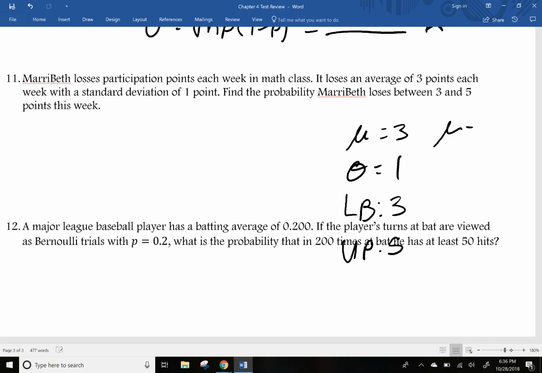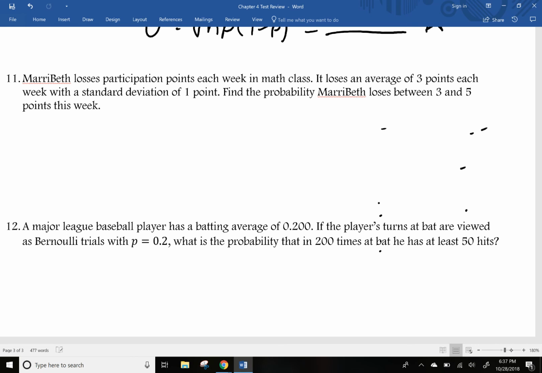And also try with the mean of -3, the standard deviation would still be 1, that wouldn't change, a lower bound of -5 and an upper bound of -3. And tell me if those values are the same. I'd be curious to know if they are. I think they would be, but you never know. Anyway, don't expect that one on the test.